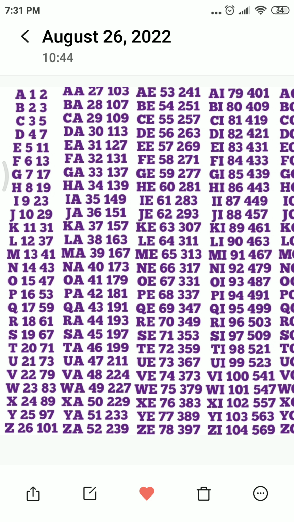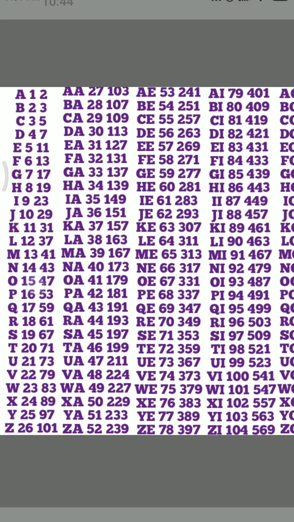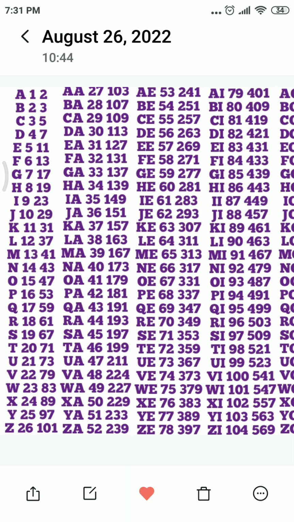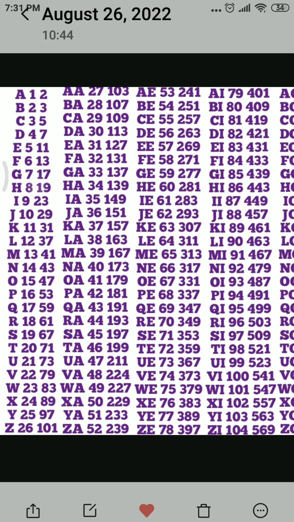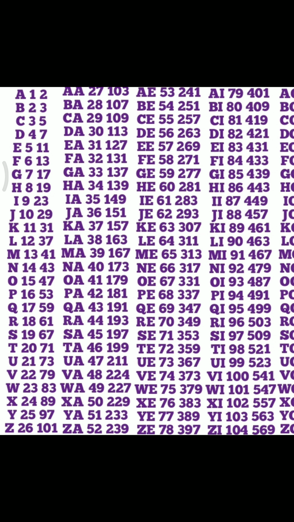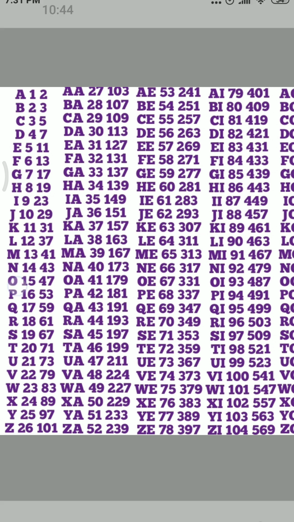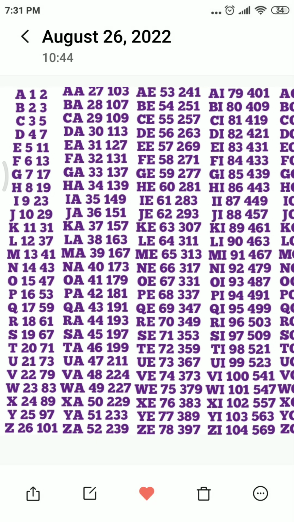In the sense here you have 15, 14, 13. This is otherwise O, Ha. Instead of na, they use ha, o, ha, ma, meaning the original pagan trinity of Osiris, Mary, and Horus.